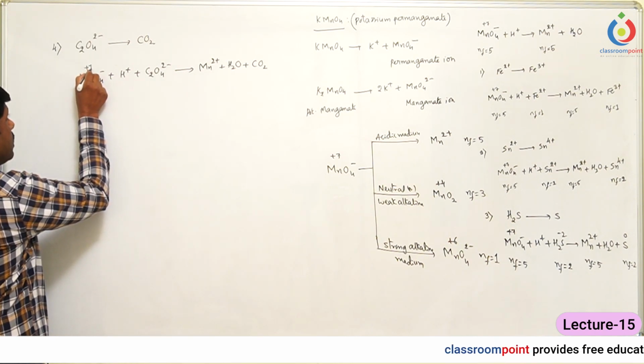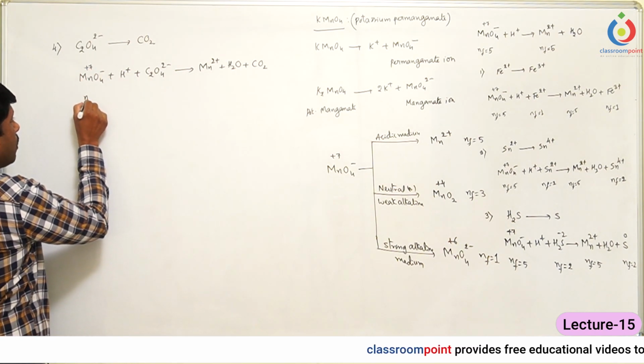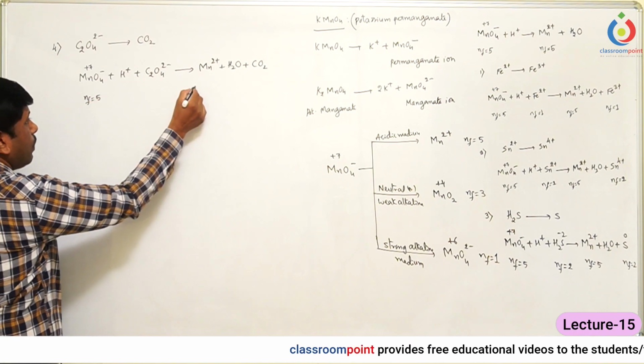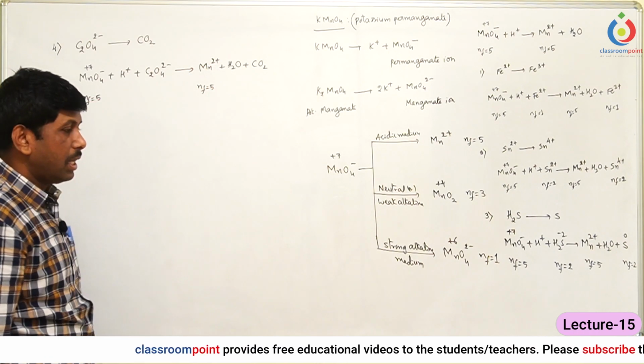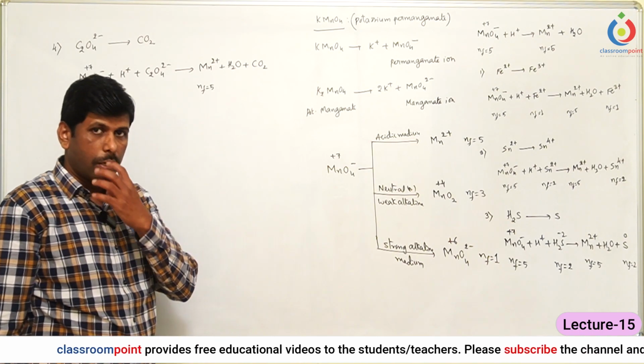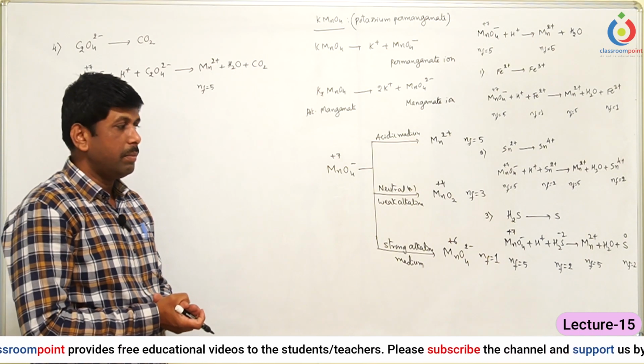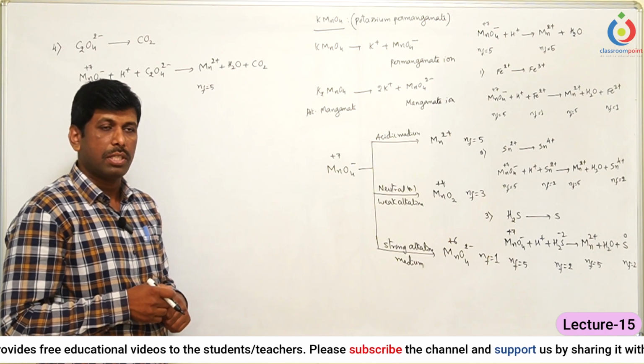Oxidation state of manganese is plus 7. N factor value of the manganese is equals to 5. So after examples, you will come to know repeatedly as we are saying that N factor of the manganese in acidic medium is 5. So automatically you will remember this concept.